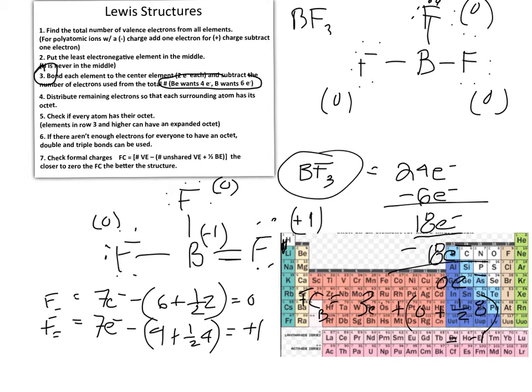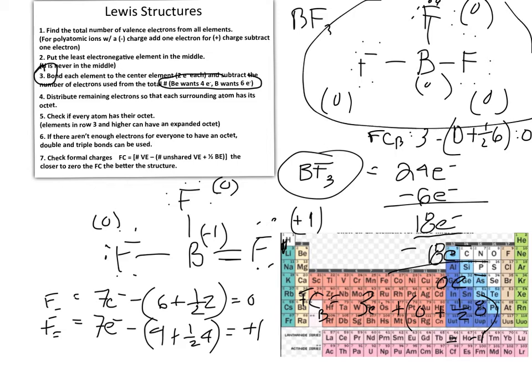And for our boron atom, in this case, 3 minus 0, because there are no unbonded electrons, plus half of 6, is going to give us a formal charge of 0. Remember, we want our formal charges closest to 0. In this case, this structure right here is the most acceptable.